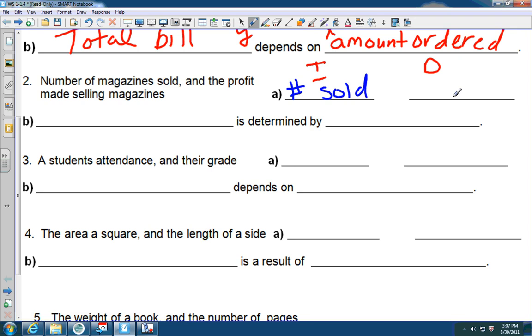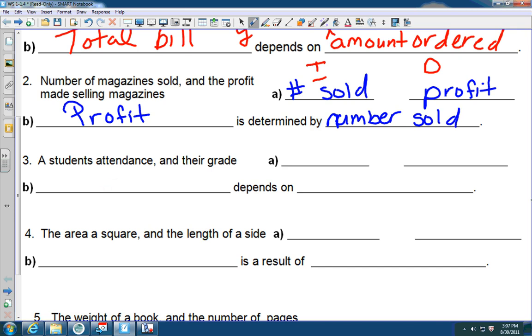The dependent is going to be the profit. Okay, well here, blank is determined by blank. The profit is determined by the number sold.